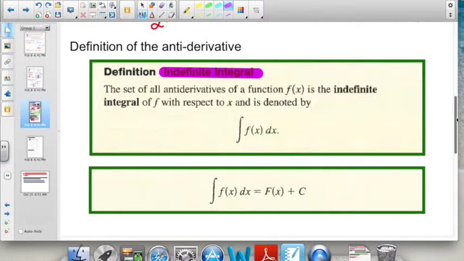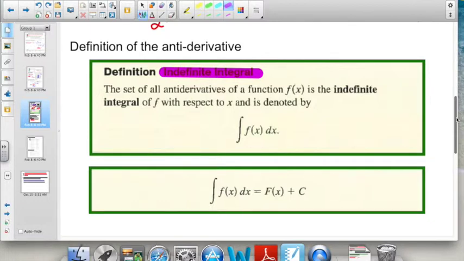Upper and lower bounds. So indefinites don't have an upper and lower bound. They're gone. We're just doing the antiderivative for the sake of finding the function. Does that make sense? But we know that depending upon where the function begins, we could have a different number hanging off the end. Does that make sense? Yeah.